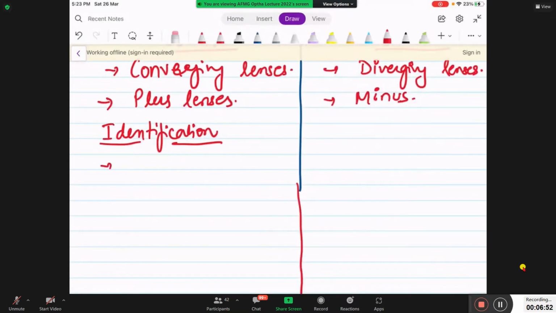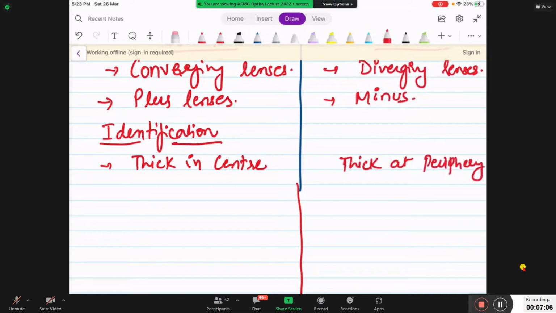Convex lenses are thick in the center, whereas concave lenses are thick at the periphery. Now, how can you remember one important point? Write down important question.